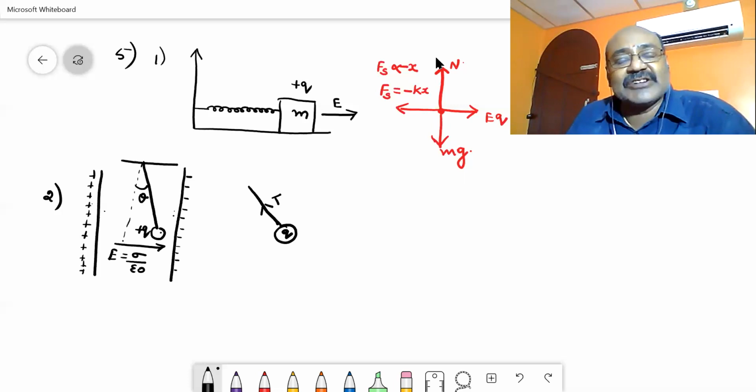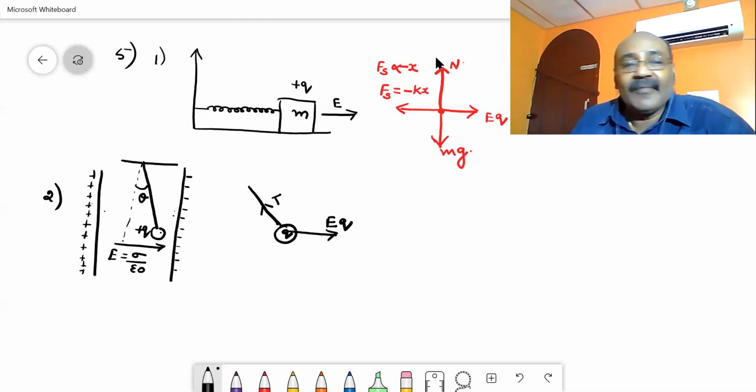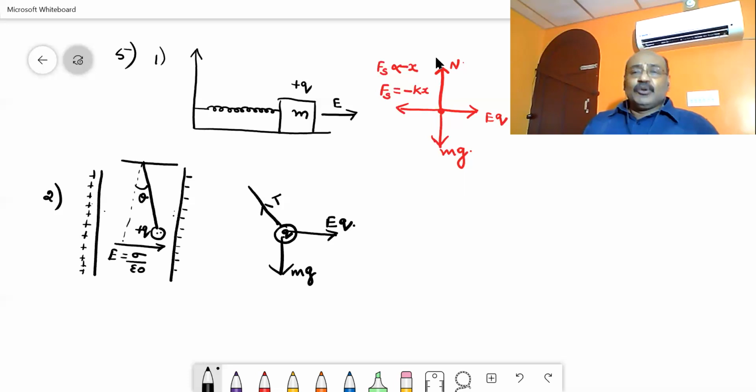So in this direction, you get the electrostatic force EQ. Then on this body of mass m, you have the gravitational pull in the downward direction. So these are the three forces identified as acting on the simple pendulum.